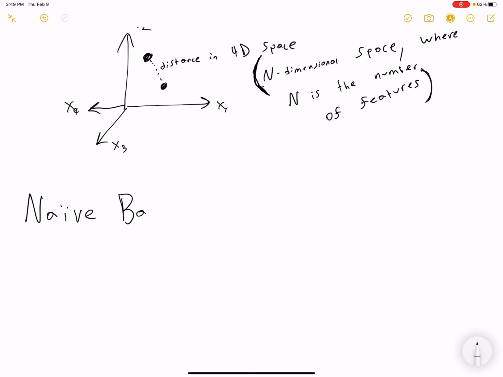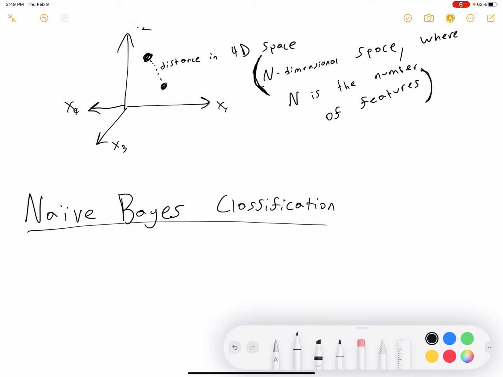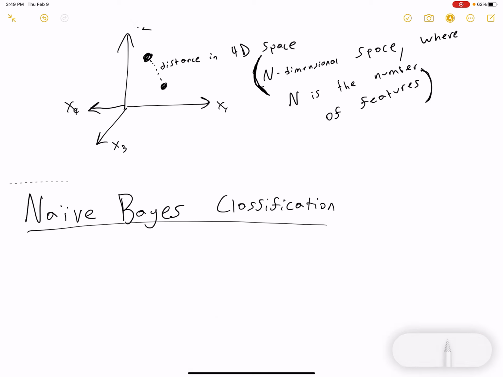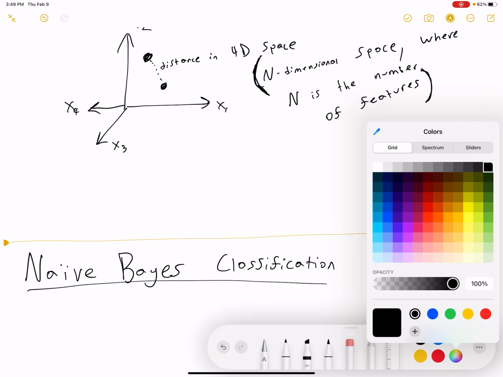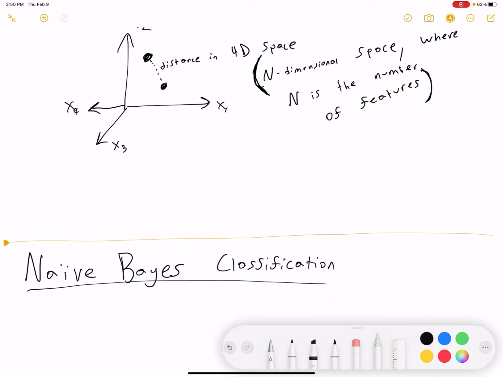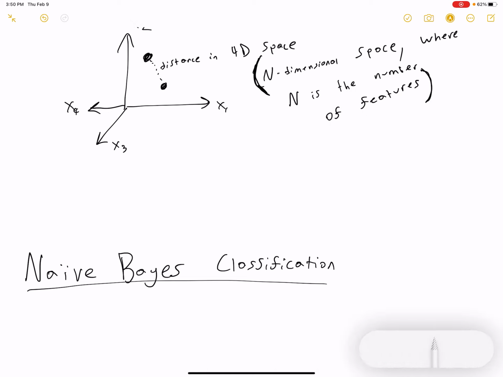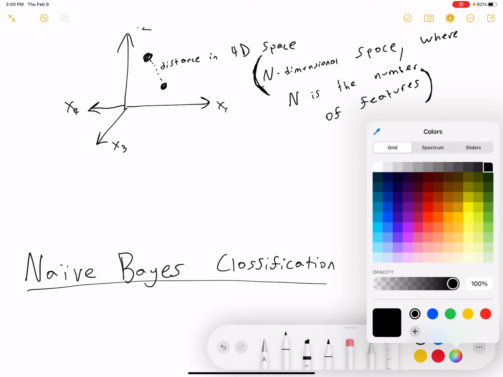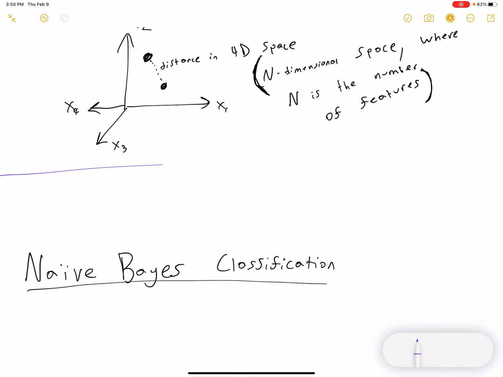We will go to decision trees after naive Bayes. And naive Bayes is for the coding question in your homework. So let me signify that this is another section.